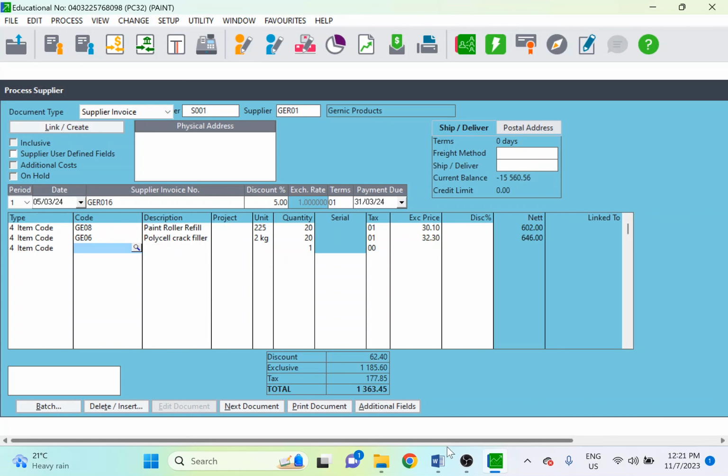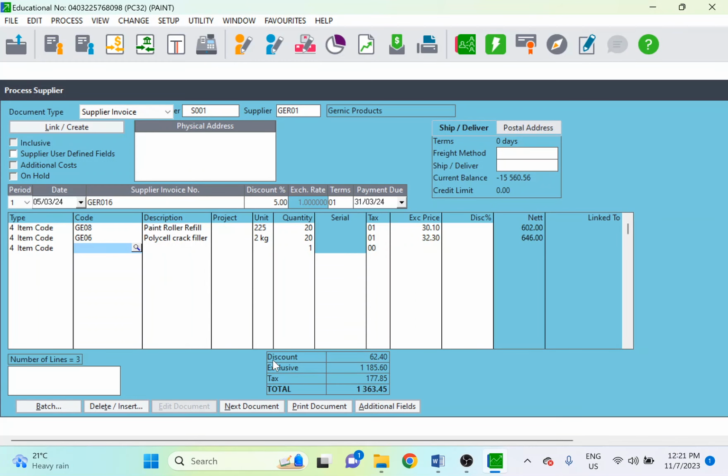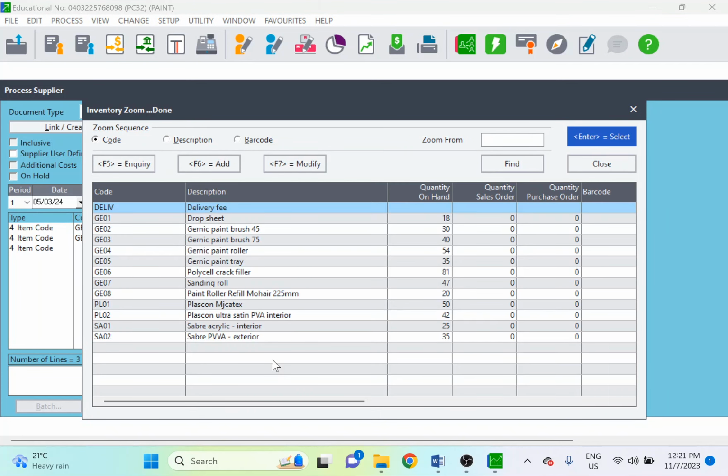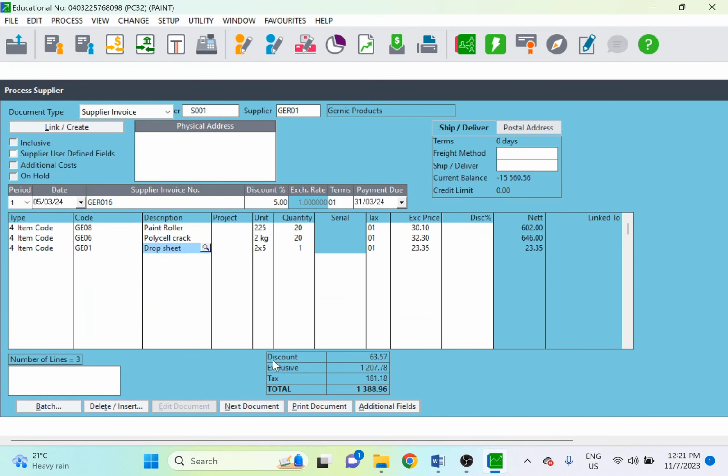Item number 3, we have drop sheets, each at 23 rand 35. Quantity we have 50, total 1,167 rand 50 cents, and then total is 2,638 rand 95 cents.